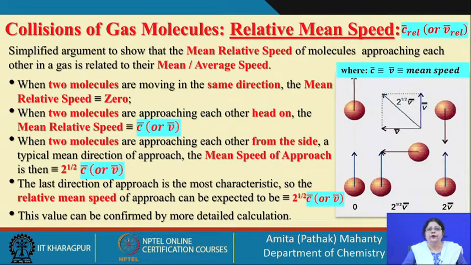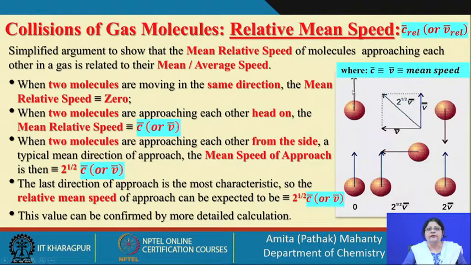So, if you have two molecules like you have here, moving in the same direction, that means they are going to keep moving and they will not collide. So, their mean relative velocity can be taken to be 0.